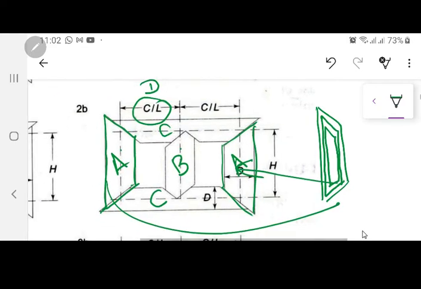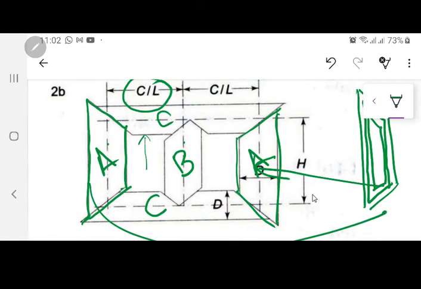And this distance, if you remember your R.K. Agarwal, we talked about this distance as HW. That was the height of the window. Here in this case this is going to be called window height, or W/H. Okay? So you have to understand that there is a little variable change. This is coming from another book, that one is coming from another book.